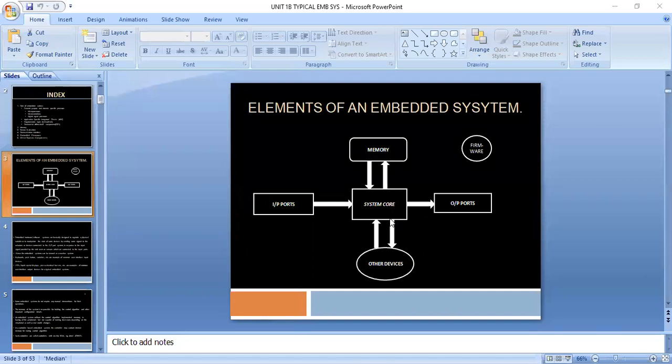Next, we studied the differences between microprocessor and microcontroller, which we already studied in our first unit. Now I think we need not discuss anymore about that. Next, we studied about DSP processor. DSP processor means it takes the input from the signals, right?